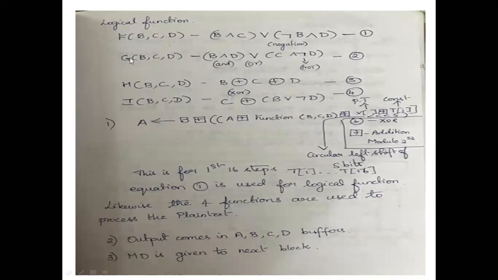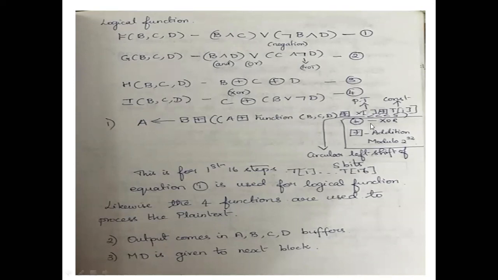The first one, F, is B and C, or negation of B and D. Likewise, you have a formula for G, which uses AND, OR, and NOT. Logical function H uses XOR. And logical function I uses XOR, OR, and NOT. So this is the logical function formula. You need to know this. This is already given in the algorithm.